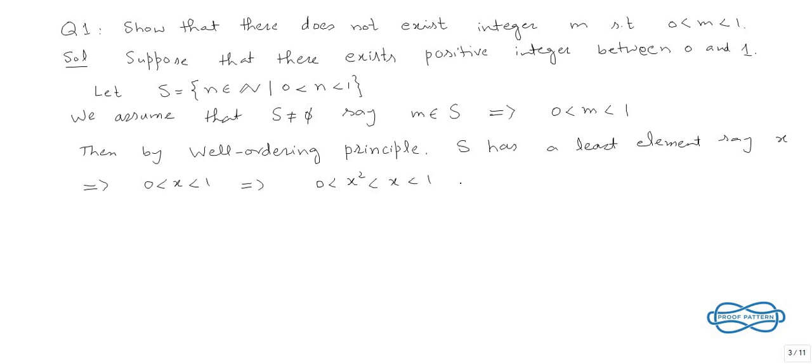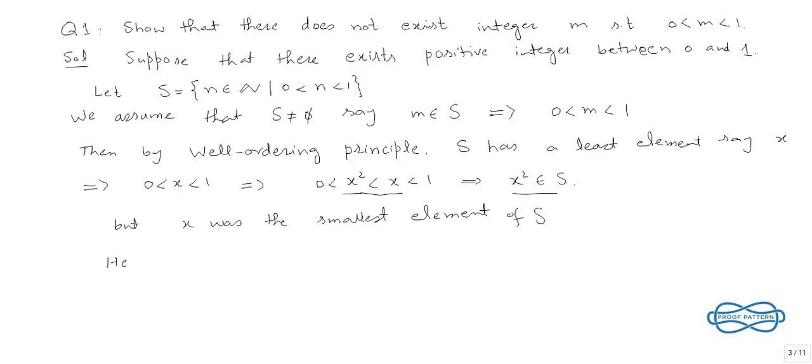And since S is the set of all those positive integers which are between 0 and 1, this means x squared also belongs to S. But this is a contradiction. x was the smallest element of S, but we have obtained an element which is less than x and still belongs to S. So this is a contradiction.